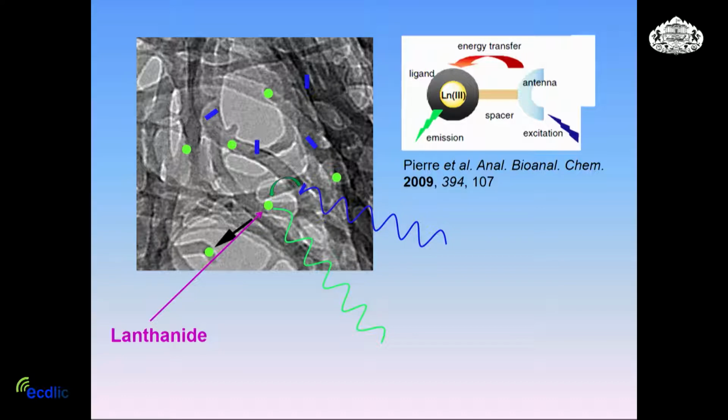So what people do typically is to cover the lanthanide with a lot of inorganic compounds or with a ligand, and then attach some sort of an antenna so that the antenna absorbs the light, transfers it to the lanthanide, and the lanthanide emits. But for doing that, you need to build or synthesize this entire package, and we tried to avoid it by using this self-assembly process.